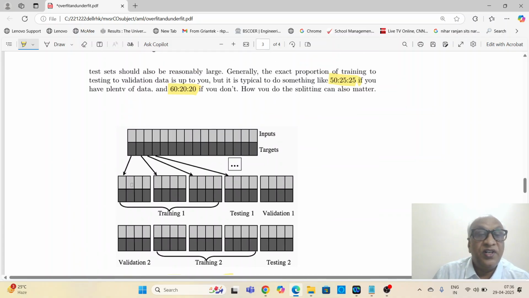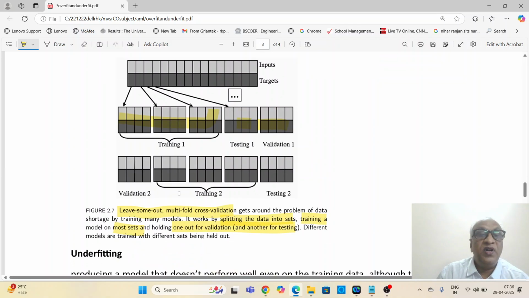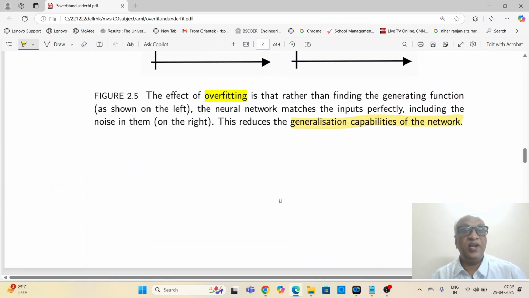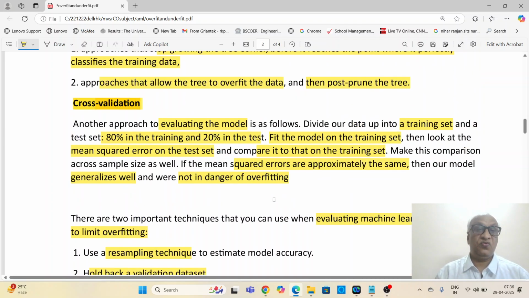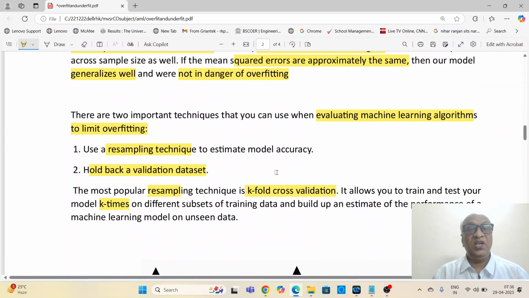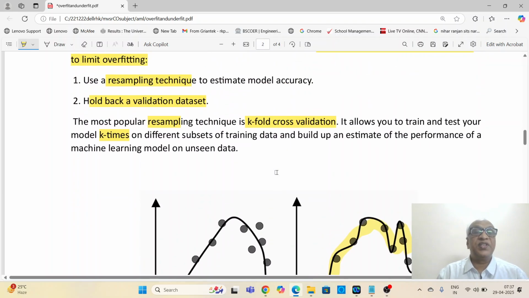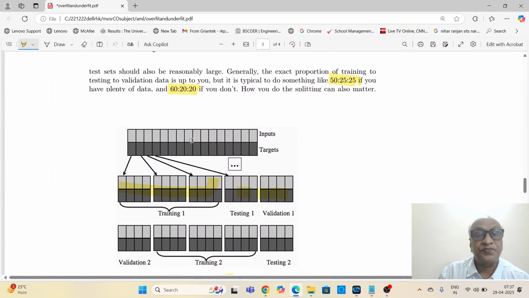You can see here you have many data sets for training, one for testing, one for validation. Again, you are changing this training data set, again keeping aside one validation and one testing. So this may help us understand the meaning of cross validation, k-fold cross validation, resampling, and the holdback validation data set.